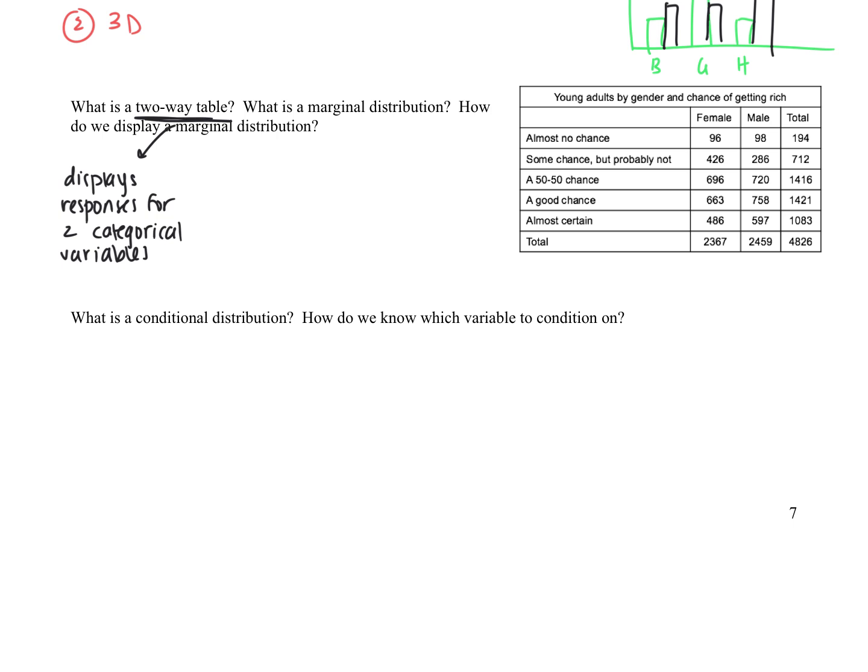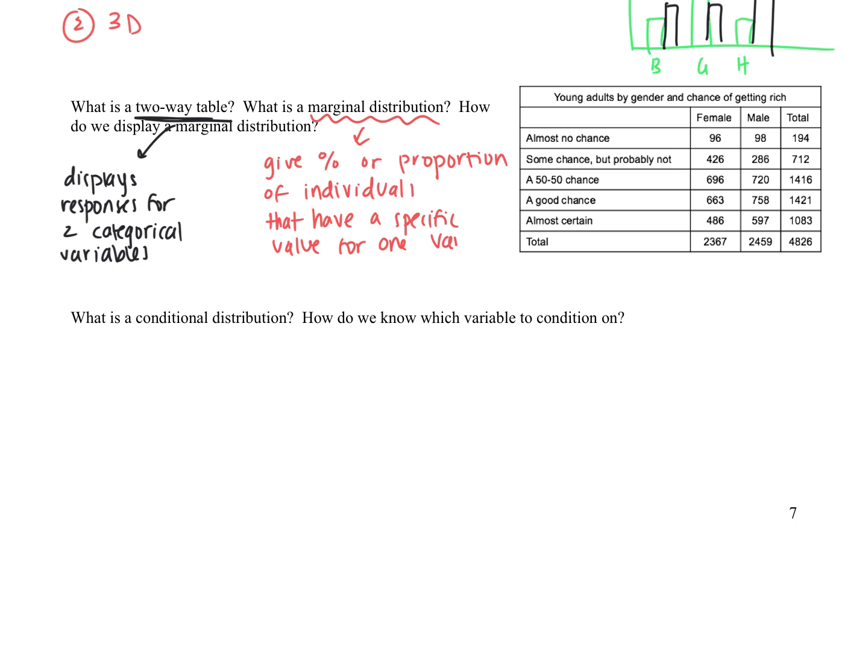So then we look at what is called a marginal distribution. A marginal distribution is going to give the percent or proportion of individuals that have a specific value for one variable.